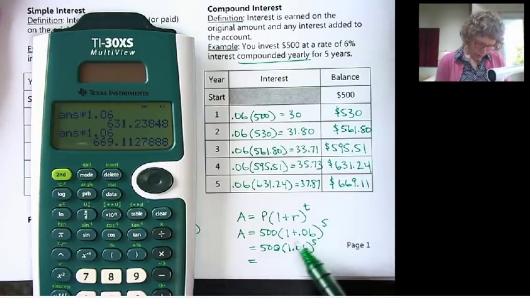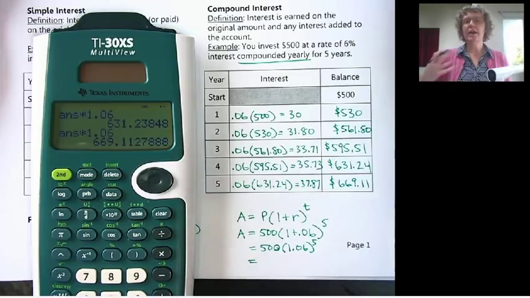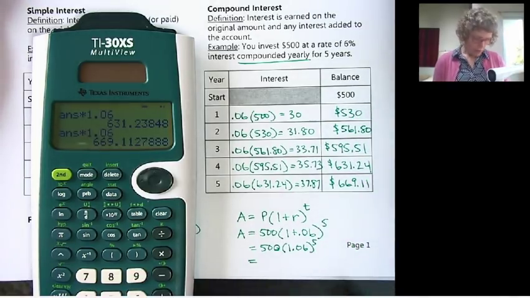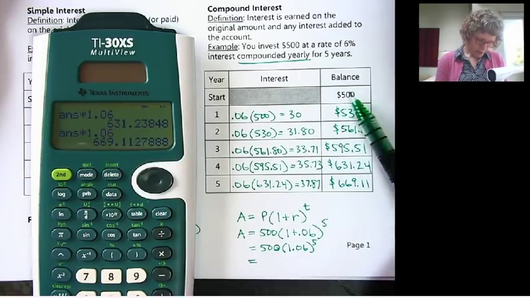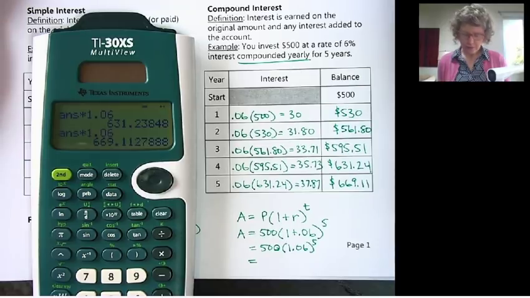Okay, so that's what the 1 plus r is doing. We're taking 100% of our money, we're adding on whatever percentage for the interest rate. And then we did that 5 times, so that's raised to the 5th power. We multiplied our original 500 by 1.06 5 times.